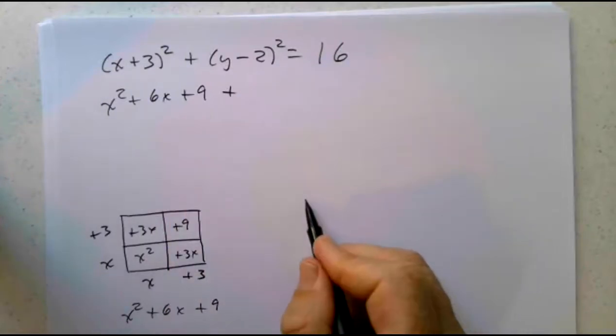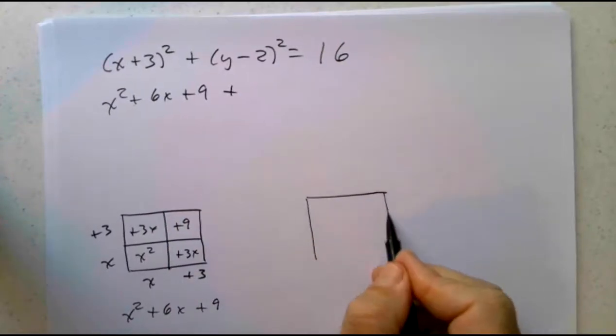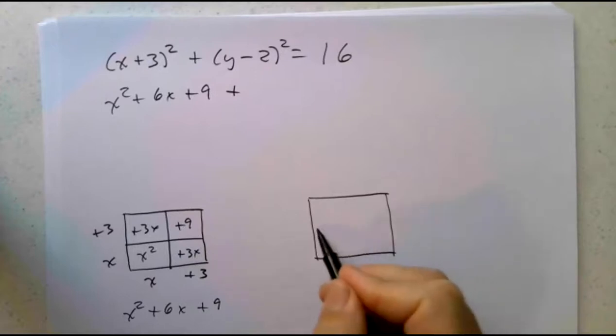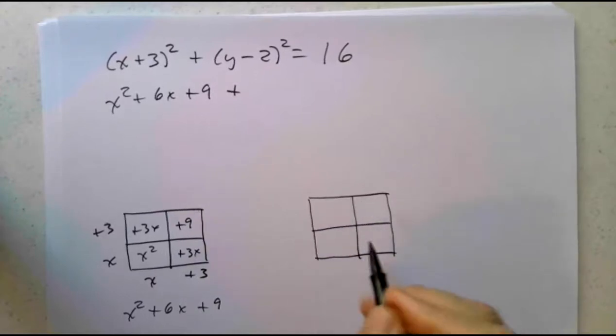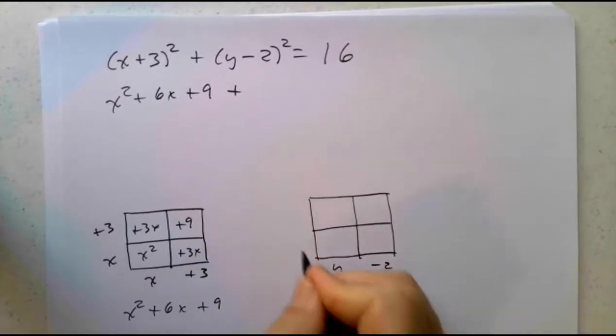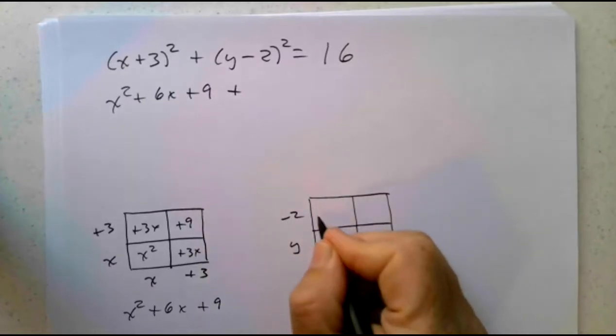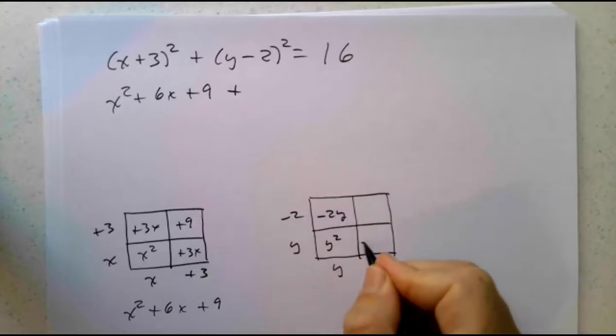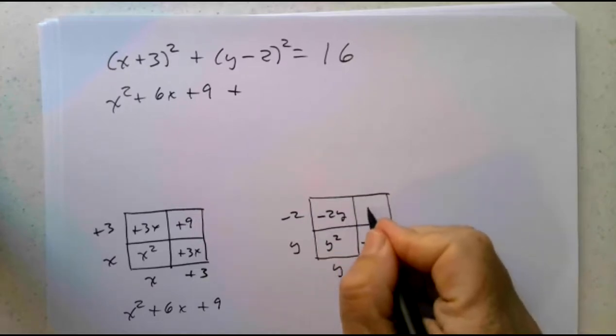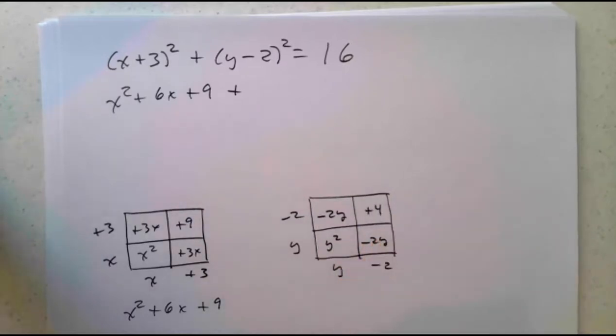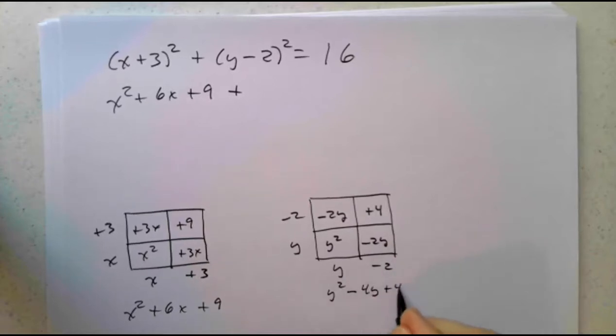Y minus 2 squared, same thing, y minus 2 times y minus 2. Y times y is y squared, -2 times y is -2y, -2 times y is -2y, -2 times -2 is +4. So I get y squared minus 4y plus 4.